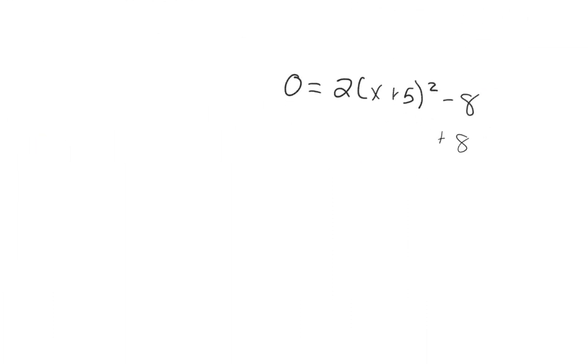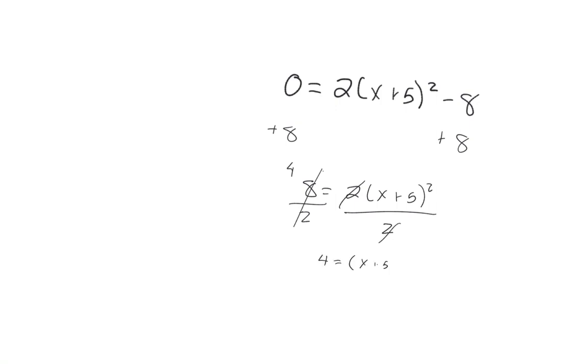I'm going to add 8 to the other side to get 8 is equal to 2 times x plus 5 squared. Go ahead and divide everything by 2 to get rid of that, which will leave 4 is equal to x plus 5 squared.